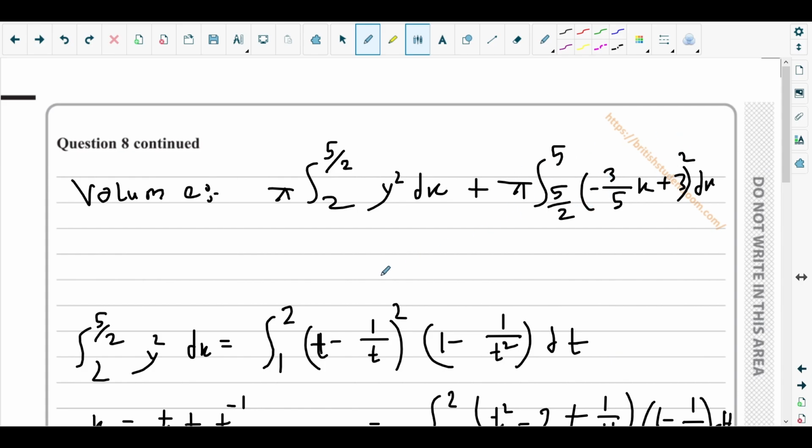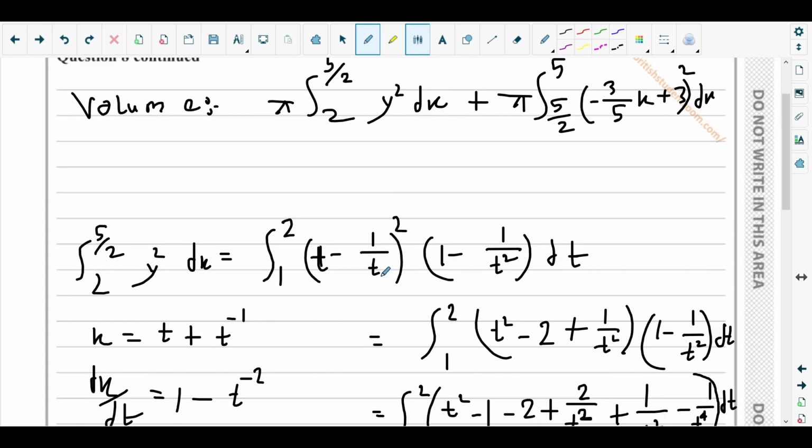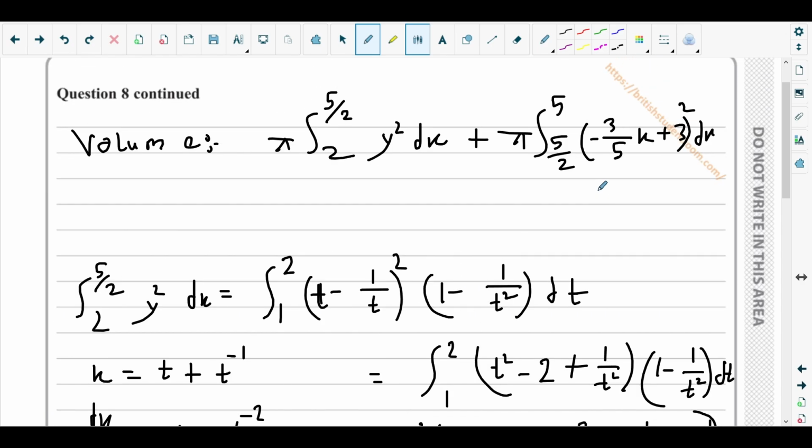So if you integrate this part, what will you get? You will get pi y squared dx. Okay, we can consider one thing here.